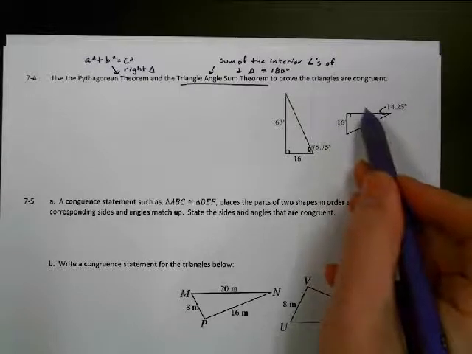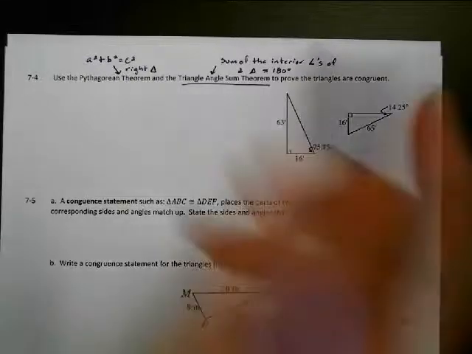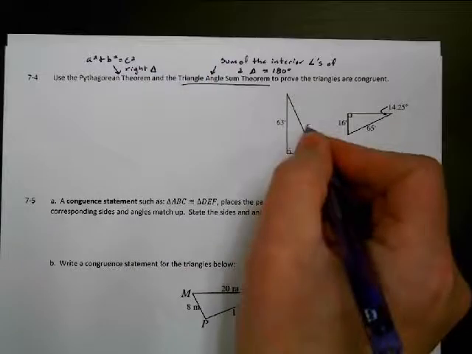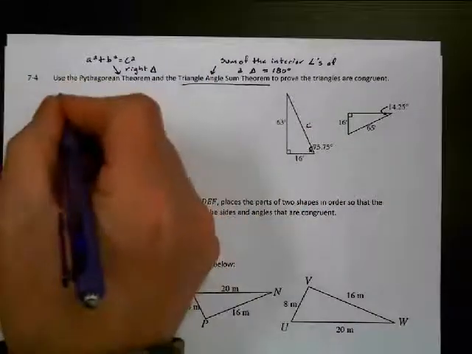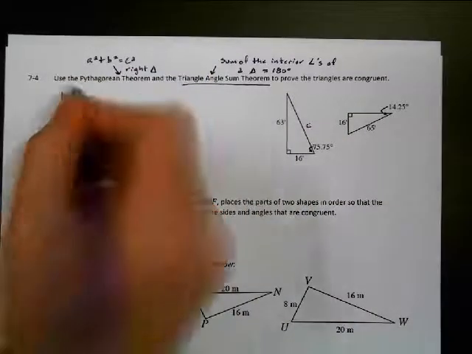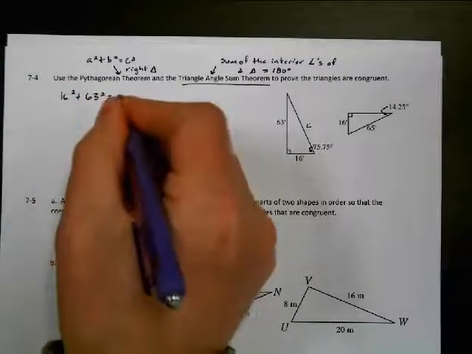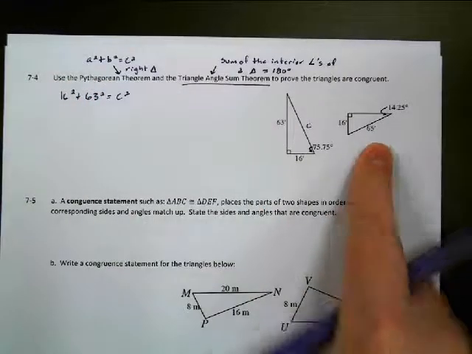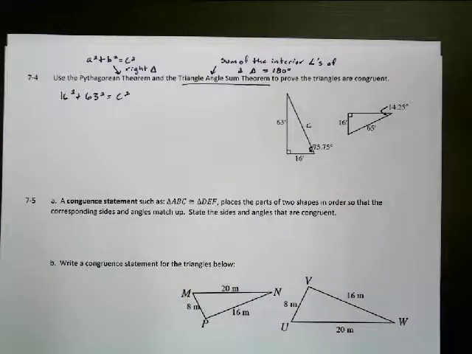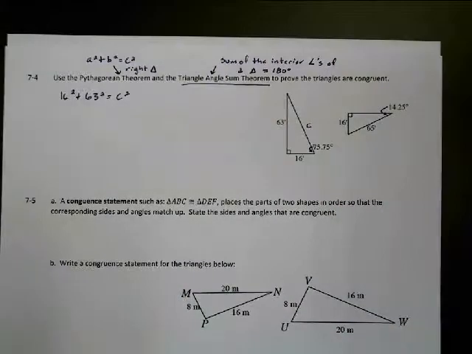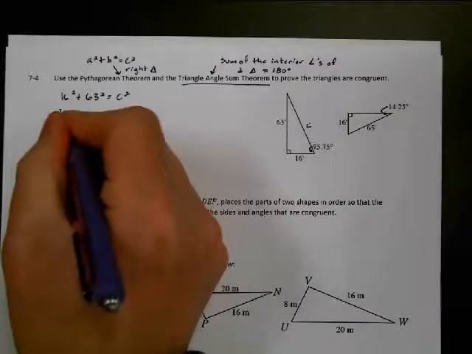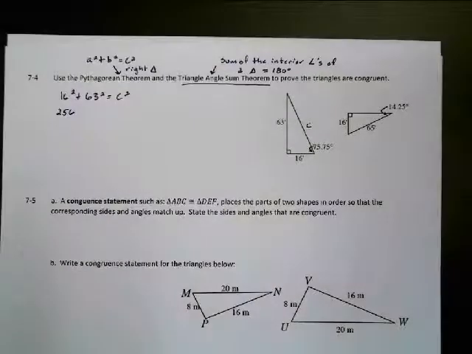So I'm going to say 16 squared plus 63 squared equals C squared. And I want that C to be 65 to prove that they are congruent to each other. So 16 squared is 256. 63 squared is 3969.